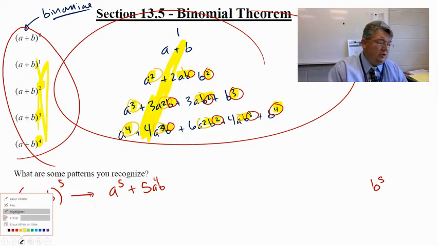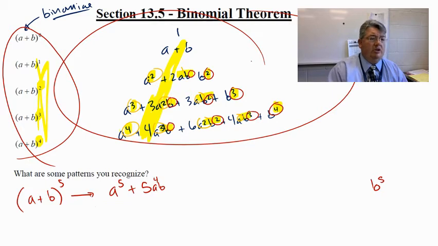When we're looking at this, here's row 0, row 1, row 2, row 3, row 4. So row 4 matches up with the 4th power. So think about this. If I did the next one, it's going to go a to the 5th plus 5 a to the 4th b, and then you're going to have an a cubed b squared, because the powers have to add up to 5, right?